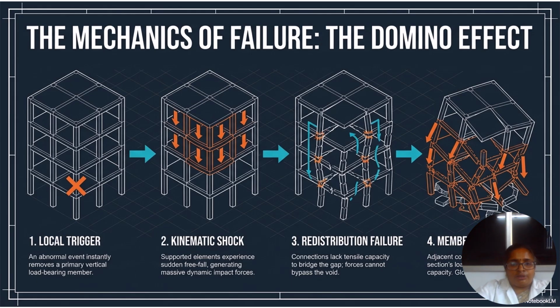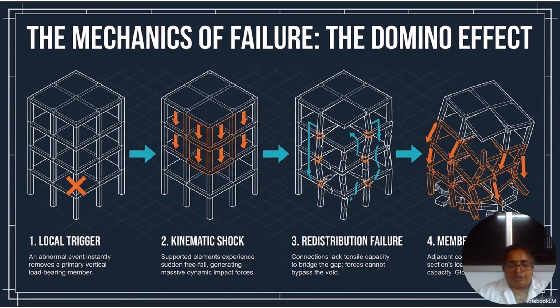The mechanism of failure is the domino effect. The first step is the local trigger, which damages only a particular portion of the building. For example, an abnormal event instantly removes a primary vertical load-bearing member, that is a column. Then comes kinematic shock: supported elements experience sudden free fall, generating massive dynamic impact forces.